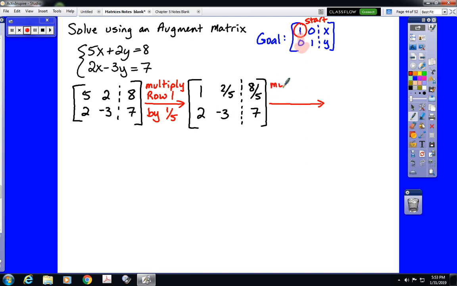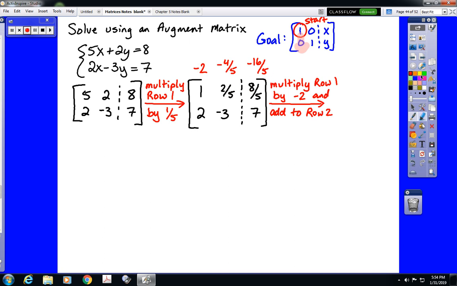We are going to multiply a copy of row 1 by -2, and then add it to row 2. The way I like to show this is I will show the multiplied copy above row 1. So if I multiply row 1 by -2, that would give me -2, -4/5, and -16/5. That's these numbers multiplied by -2.